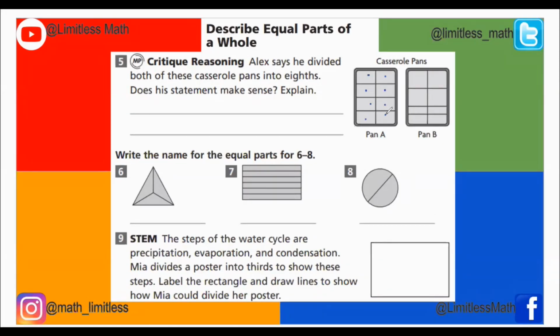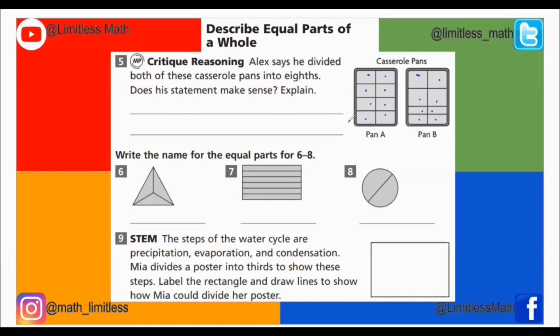So yes, there are 8 parts. Pan B has 1, 2, 3, 4, 5, 6, 7, 8 as well. However, if we think back to the questions we just answered, Pan A has equal parts, Pan B has unequal parts. So which one would really be eighths?